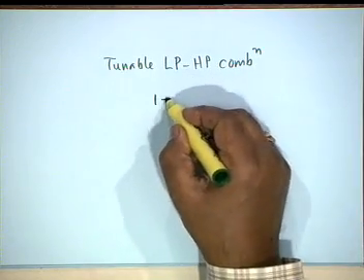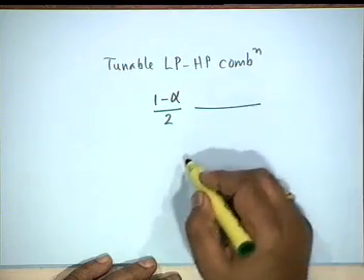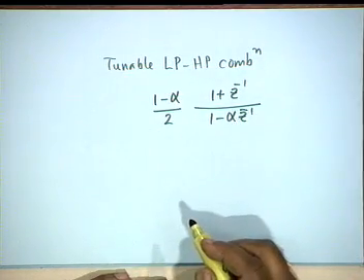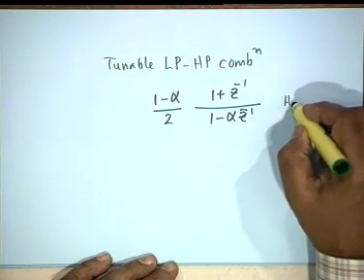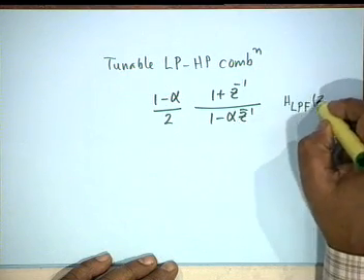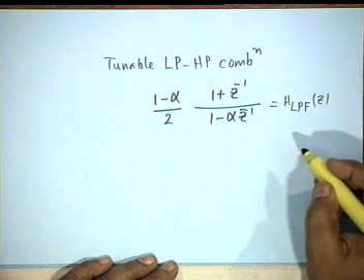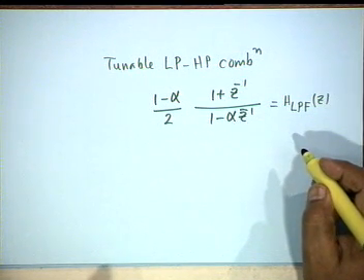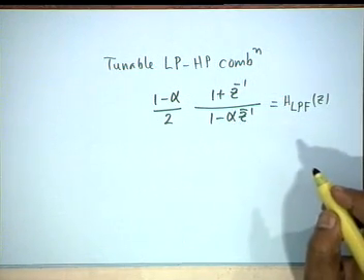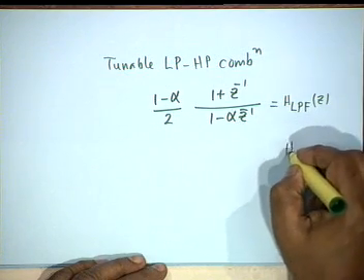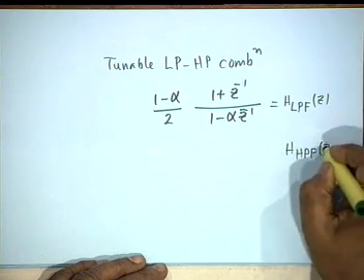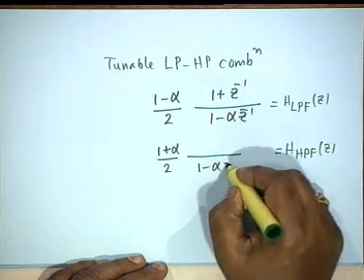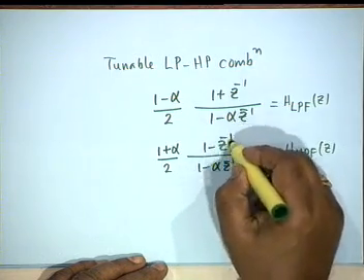If you recall, the transfer function (1 minus alpha)/2 times (1 plus z inverse) divided by (1 minus alpha z inverse) is a first order low pass filter, HLPF of z, and its complement, all pass as well as power complementary filter, is the high pass filter HPF of z, which is (1 plus alpha)/2 times (1 minus z inverse) divided by (1 minus alpha z inverse).